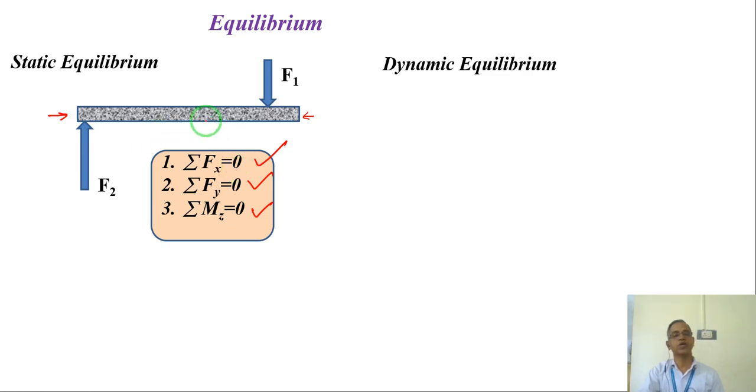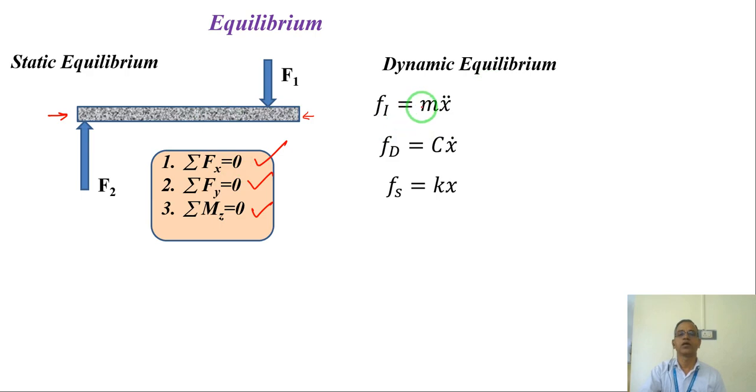Now when you speak of the dynamic equilibrium, a system is subjected to the inertia force, which is an internal force resisting the external applied force, and the damping force, which is the damping coefficient times velocity, and the stiffness force, the spring force, which is the stiffness coefficient times displacement, right?